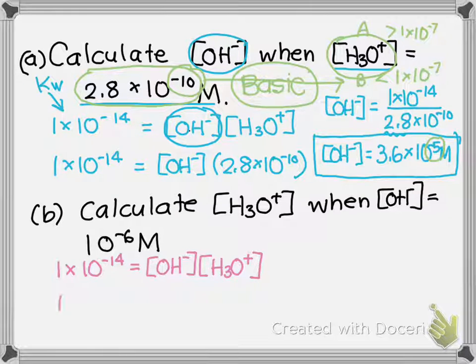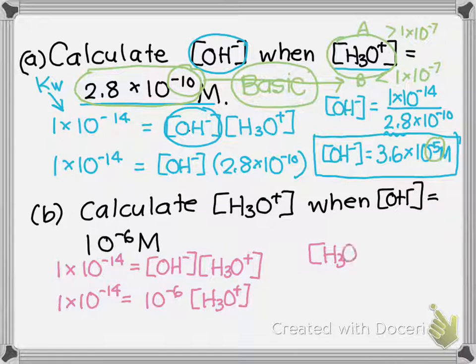And so I know that 1 times 10 to the negative 14 will equal 10 to the negative 6 times the H3O+. So solving for this, H3O+ is going to equal 1 times 10 to the negative 14 divided by 10 to the negative 6.